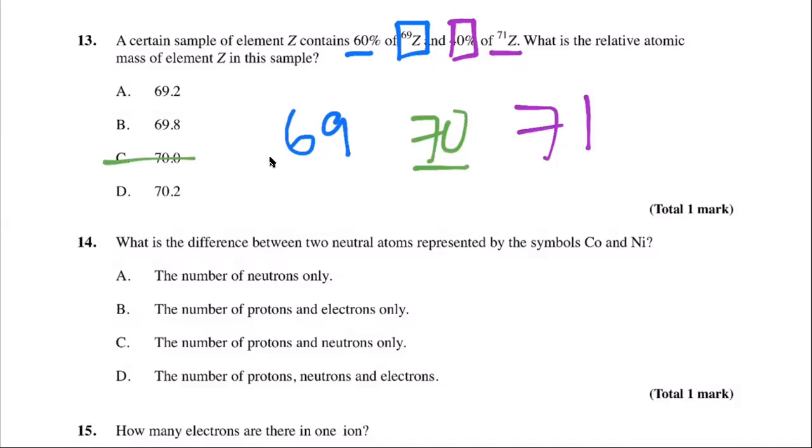So I can eliminate C right off the bat, because they would each have to be 50% for it to be that one, since it's right in the middle of 69 and 71. But it's 60-40. So knowing that the percentages are 60-40, which isotope is going to affect the average more? Is it going to be the 60% or the 40%?